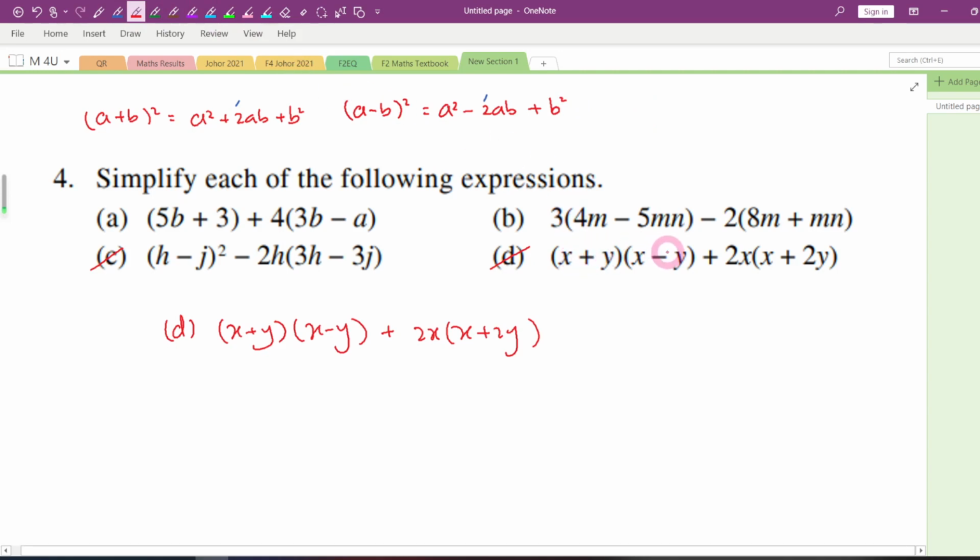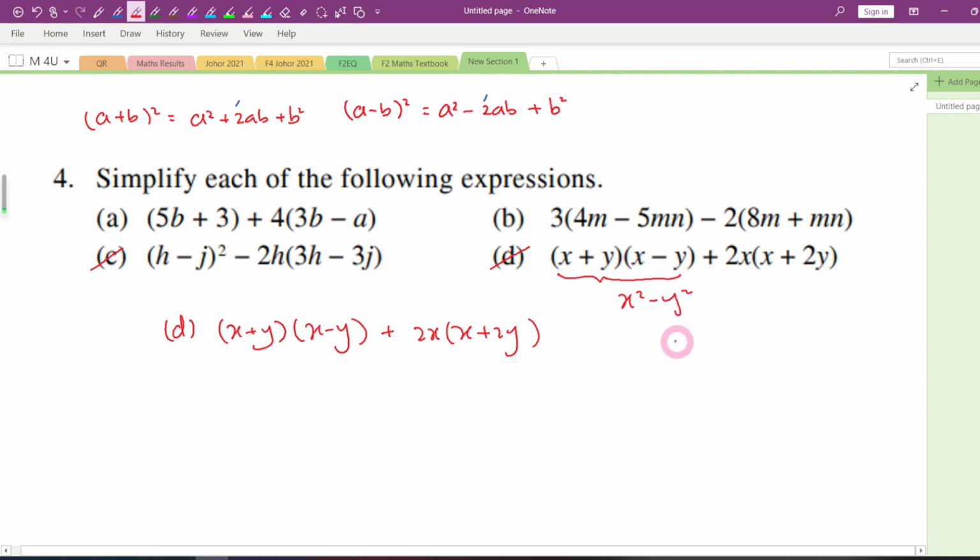Now if you see these two parentheses exactly the same, all the terms here, the only difference is positive and negative, this is actually equal to x squared minus y squared. You don't have to do expansion one by one. You can try to do the expansion, I will show you later. I will expand one by one, you will still get the same thing.